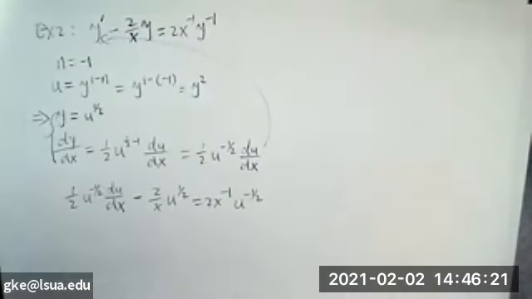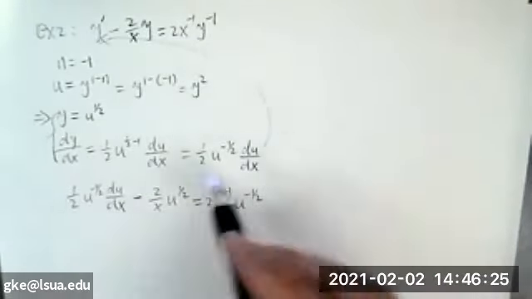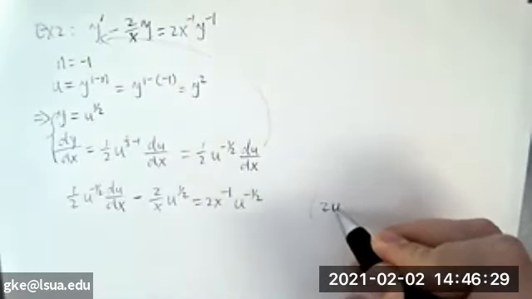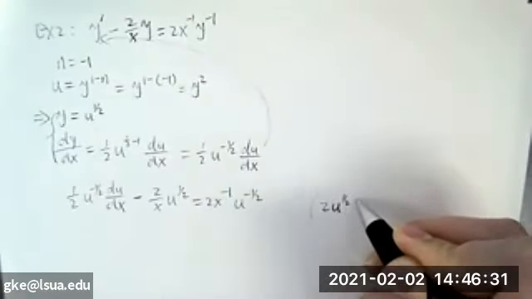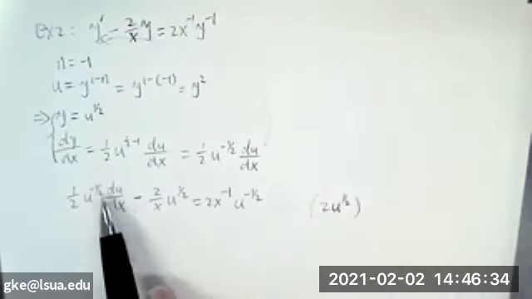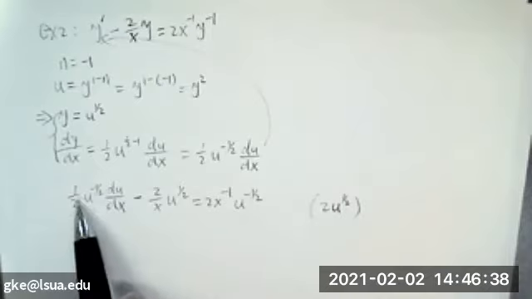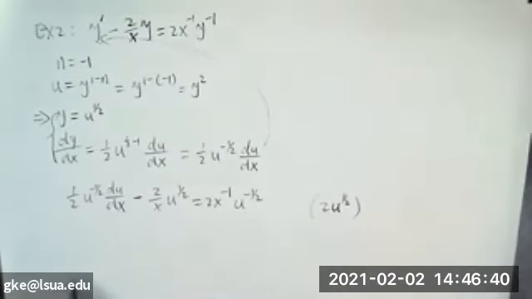And then we try to simplify. We multiply the equation by 2 and u to the power 1/2. Because here is a negative, we multiply by positive u. Here is a 2, so we multiply by 2.